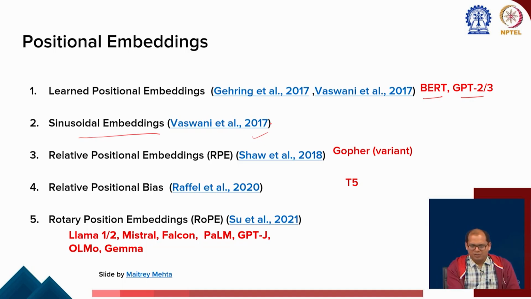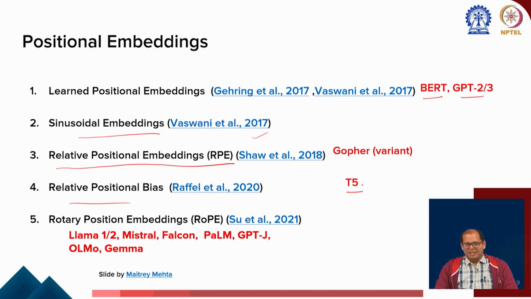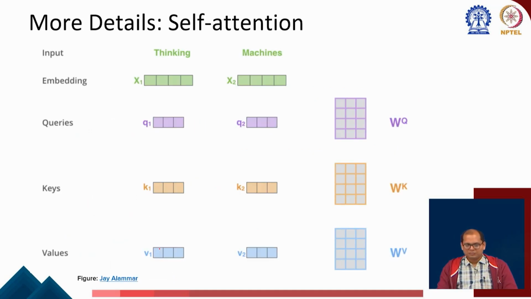So there were works on relative position encodings and relative positional bias, right. T5 used a different position encoding. And then one recent trend is to use rotary position encoding, so RoPE. In very recent models like Llama, Gemma and others, they use this rotary position encoding. We will talk about the exact formulation of these at a later point in this course, but the idea is that yes, there are various ways in which people have tried to do position encodings for the transformer model.